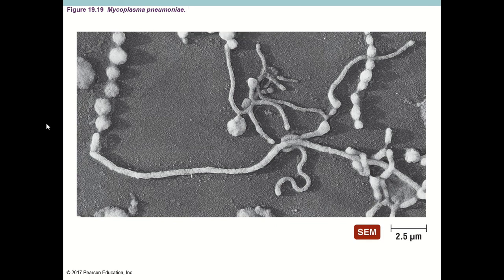So the detection and diagnosis of Mycoplasma pneumoniae will be pretty difficult, because these bacteria are going to require a sample from the lower tract of the respiratory system. That's one. And second is, if you do manage to culture them, it's going to take a long time for them to be cultured.